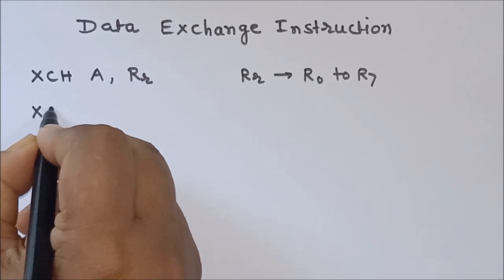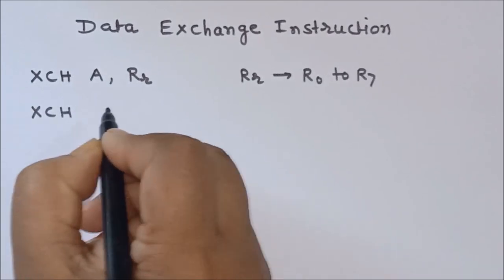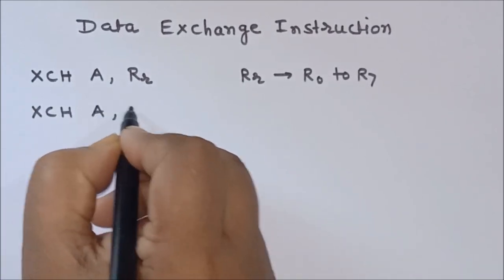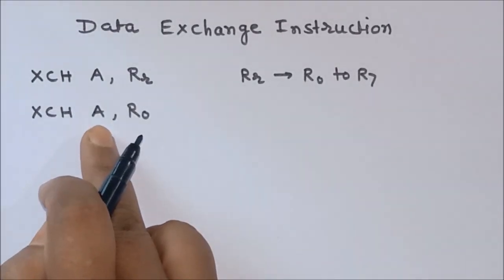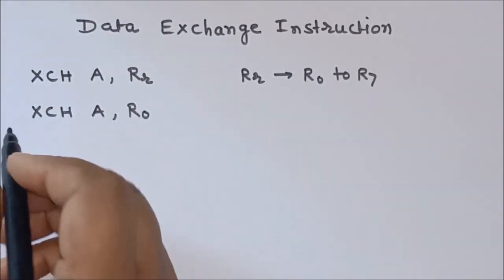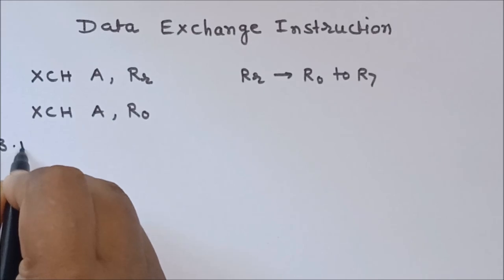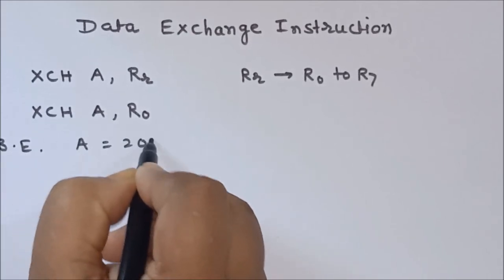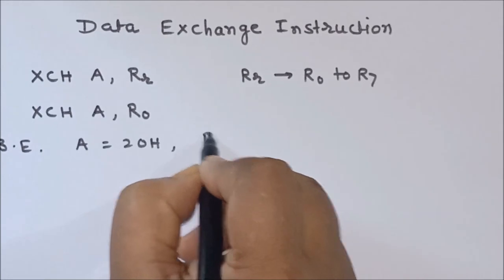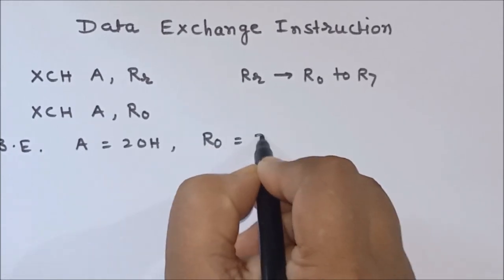For example, suppose I write instruction XCH A, R0. So it will exchange data between accumulator and R0. Suppose before execution of instruction, 20H is stored in accumulator and 34H is stored in register R0.